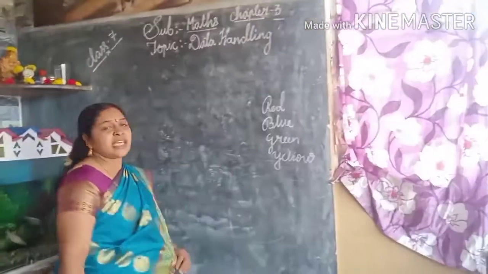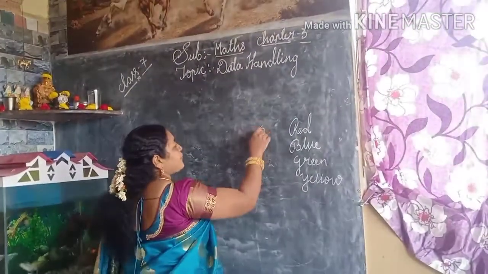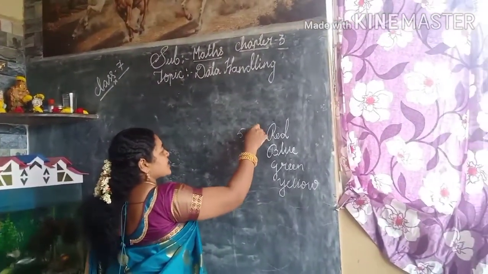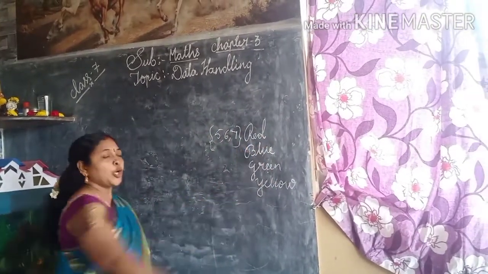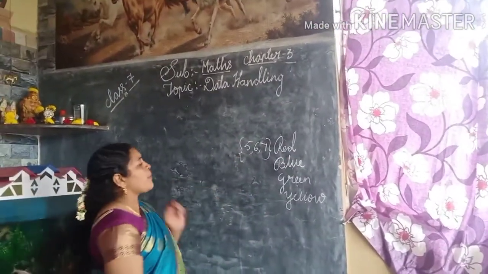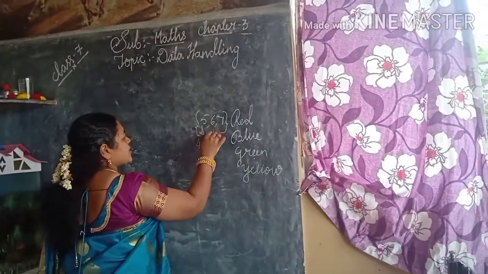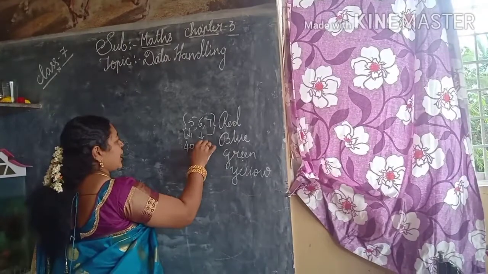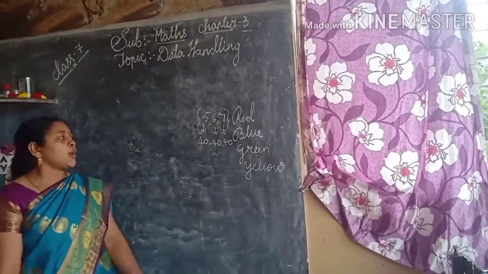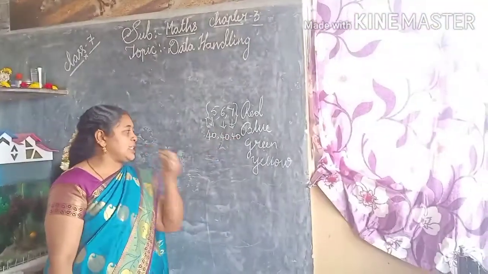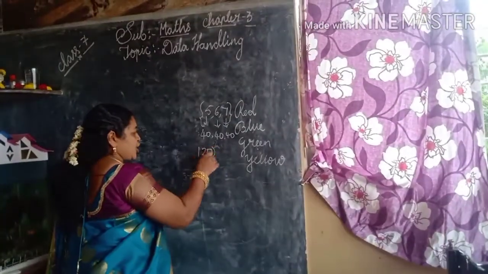You have been assigned to arrange the 5th, 6th and 7th children into these four groups. In 5th there are 40 children, in 6th 40 children, and in 7th also 40 children. So we have 40 children in each class, which means we have 120 children.